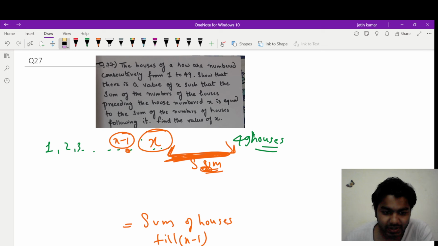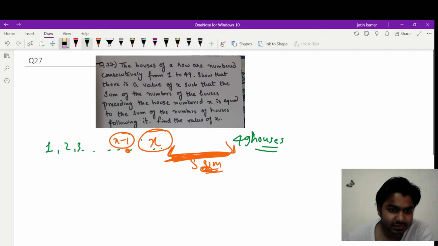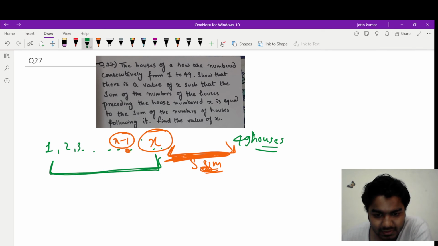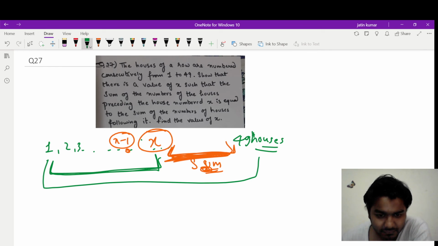Now how do we find the sum of the succeeding houses? That was the overall catch. If I subtract the sum of x terms from the sum of 49 houses, will I get this required sum, right?